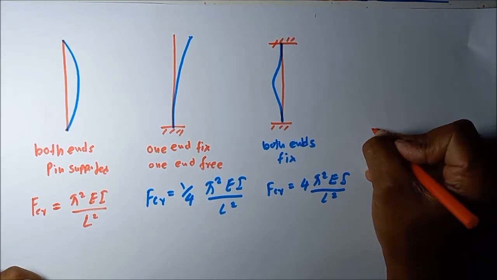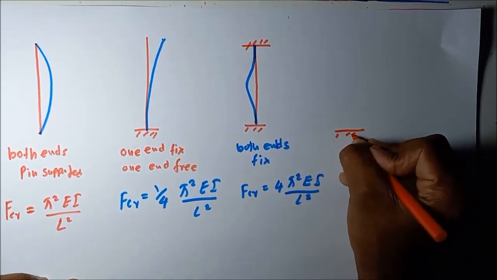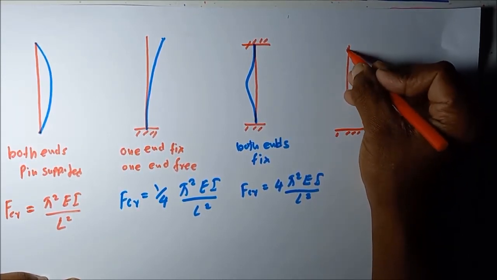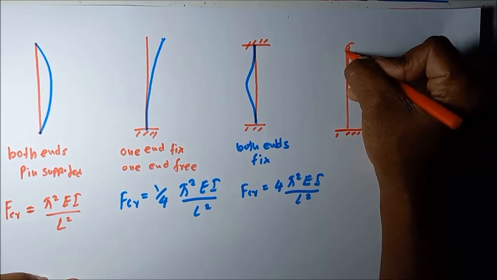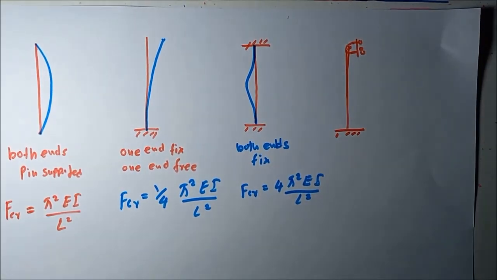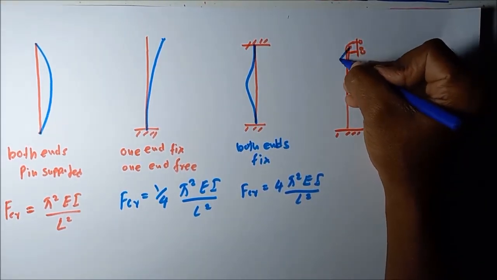So then let's take another situation. One end is fixed and the other end is pin supported, with the load acting. In this situation, it will form this kind of curvature.